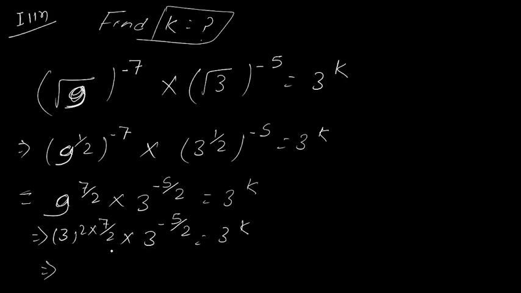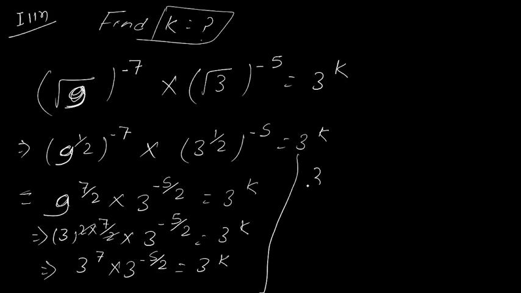So now you tell me, this 2 is gone, so 3 to the power 7 multiplied by 3 to the power minus 5 by 2 equal to 3 to the power k. Okay, yes sir.